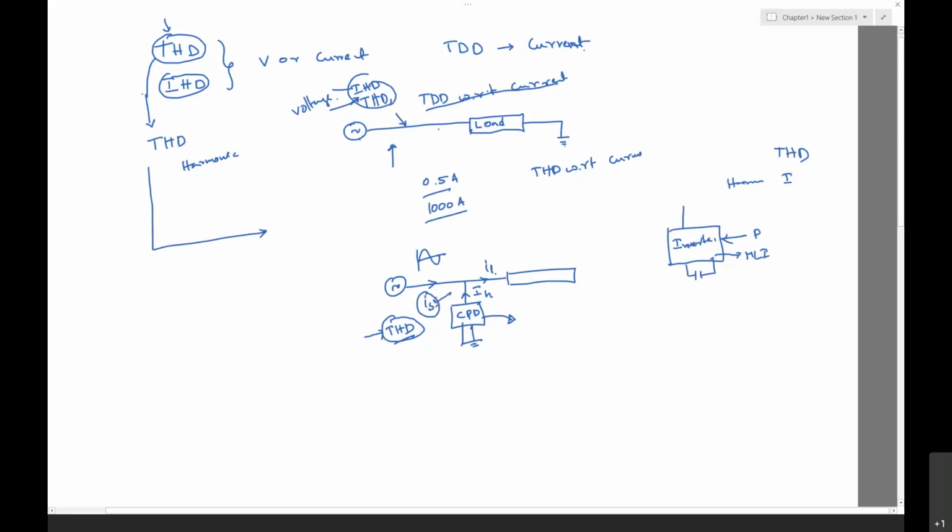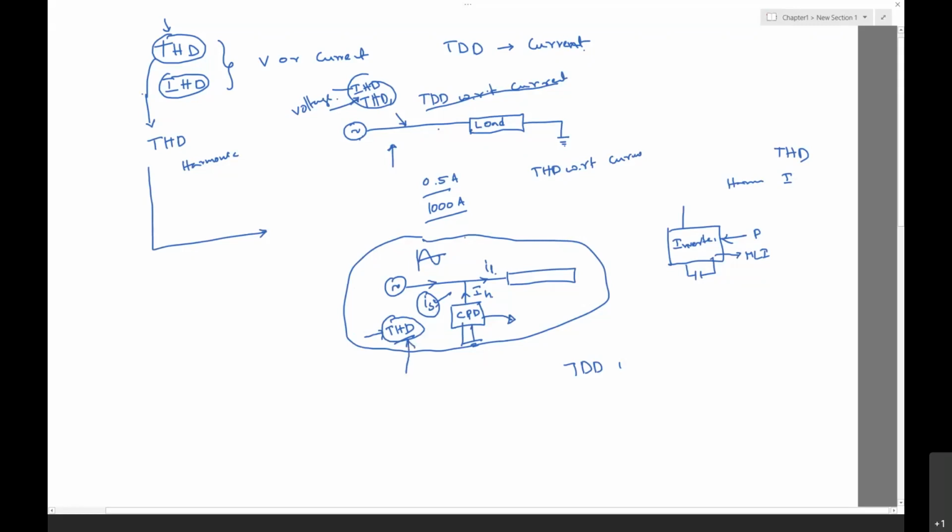In this particular case, measurement of the TDD is not a correct way, because it doesn't give any helpful information, since the custom power device itself has been used to improve the current quality. To know whether the quality of the current has been improved by the custom power device or not, going for the THD is an appropriate way.